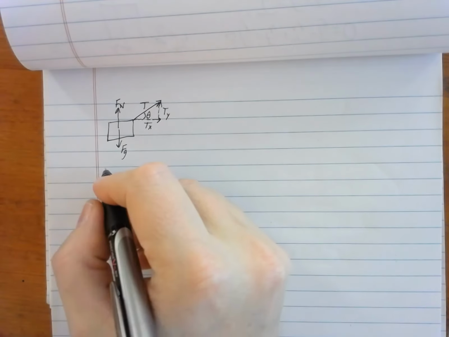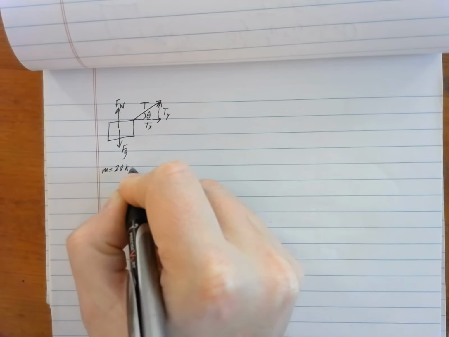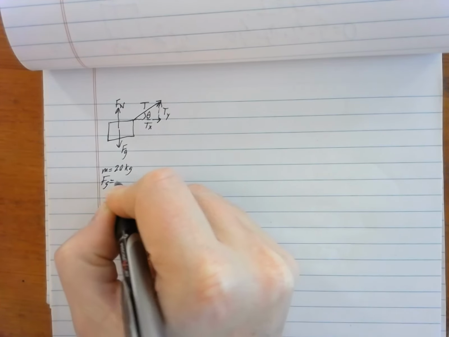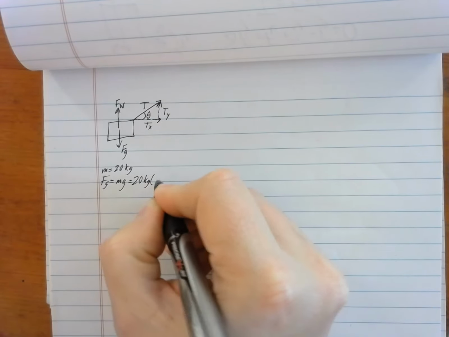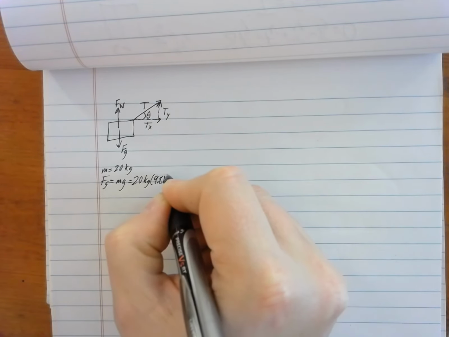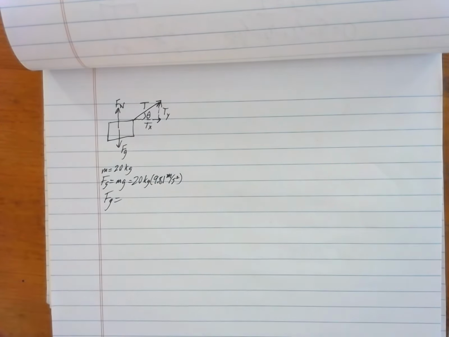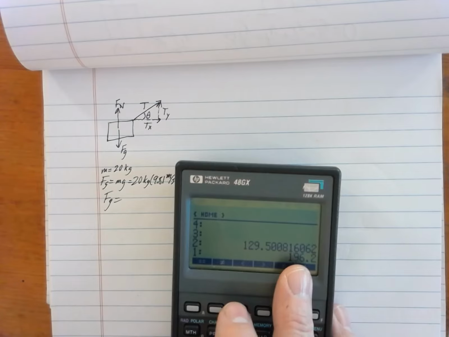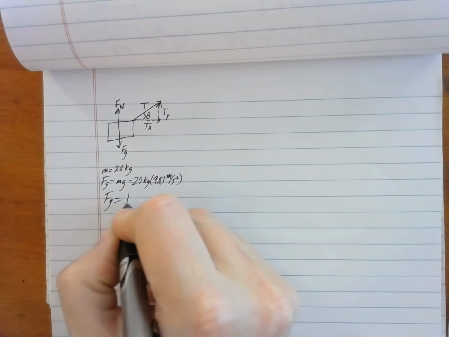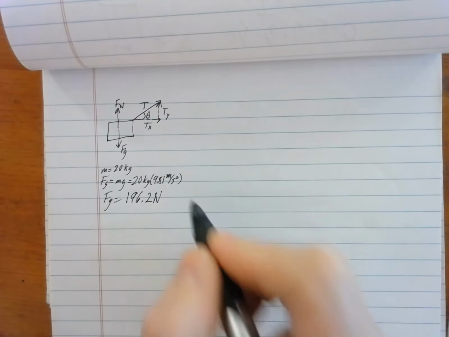So the givens that we have: a mass of 20 kilograms, which gives us an Fg of 20 times 9.81, which gives us an Fg of 196.2 newtons.